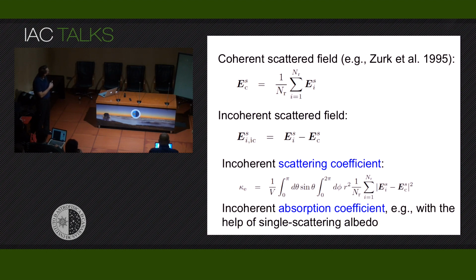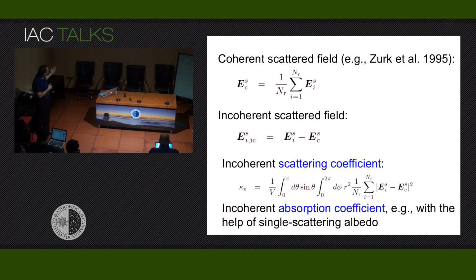So you take realizations of particle systems here, and you compute the mean of NR realizations, and you compute the mean of the scattered fields in the far field or anywhere basically. And the incoherent scattered field is then any single realization minus the mean here.